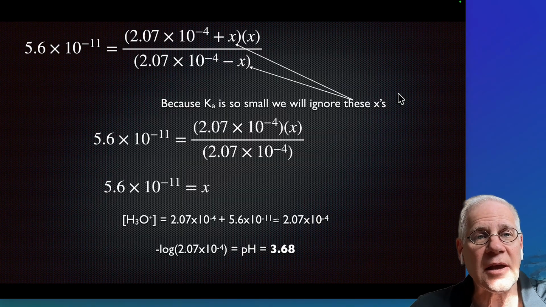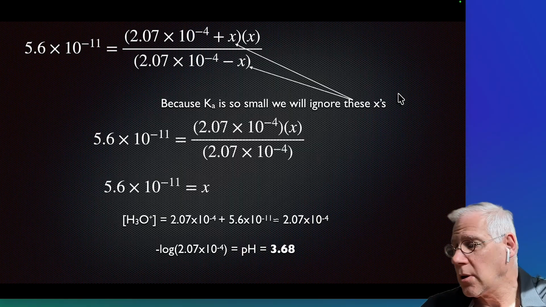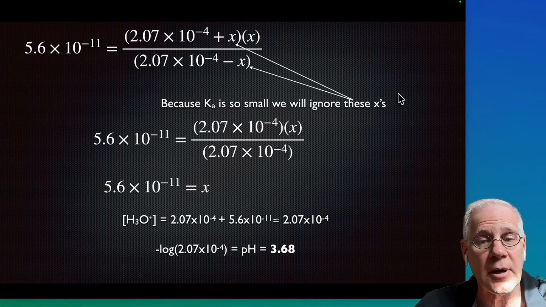So technically, yes, we did add additional hydronium ions into that solution, but not enough to make a difference. And so a lot of times we are able to ignore that second and third dissociation. But again, you have to look at the values of the Ka2s and the Ka3s compared to the Ka1 to see if they'll factor in.